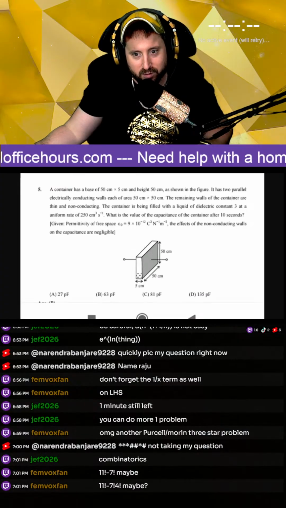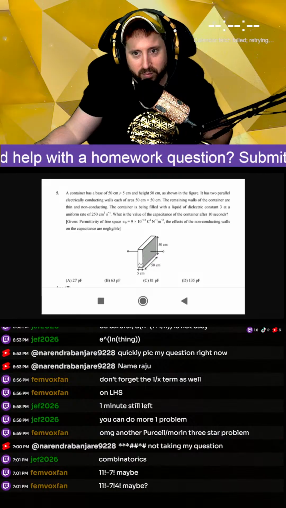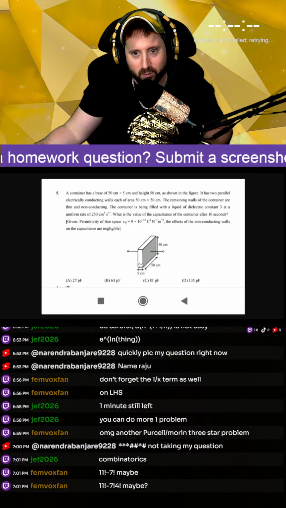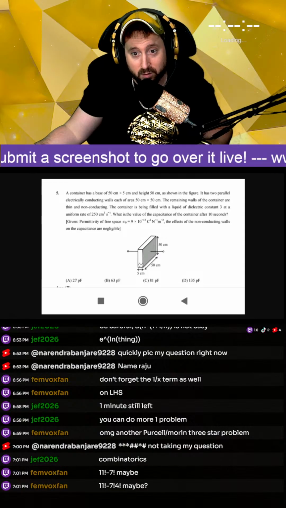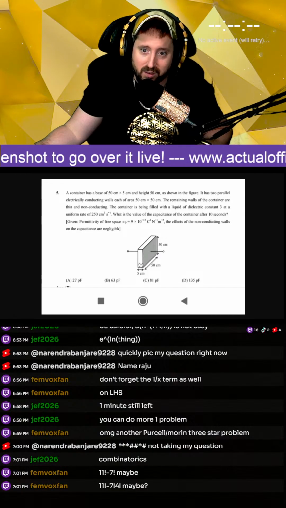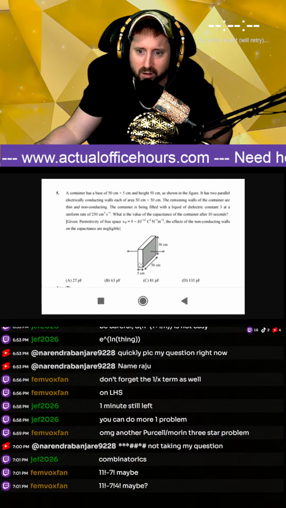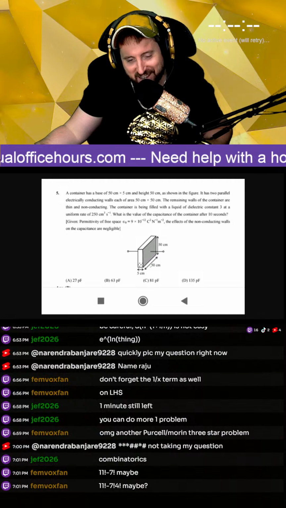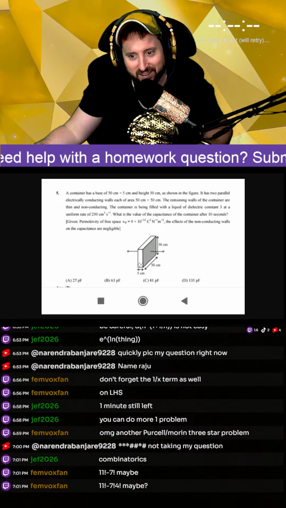And then Raju, what was yours? A container. Base of it's 2 parallel electric conducting walls. The walls are thin. The container is filled with liquid dielectric. Ooh, what is the capacitance after 10 seconds? Cool. I know this is JEE, right? I recognize this kind of format.